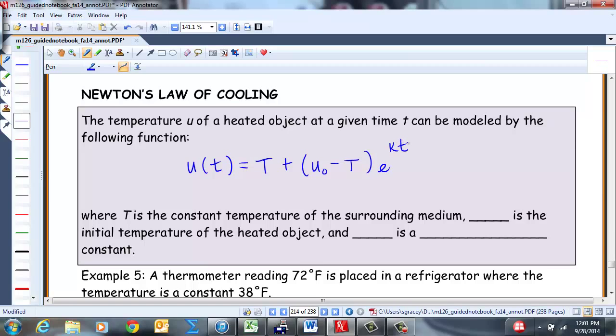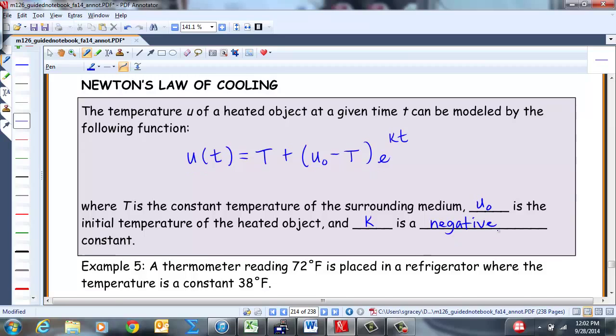Okay, so let's identify these things. T is the constant temperature of the surrounding medium. U0 is the initial temperature of the heated object. And K is a negative constant, because if it's cooling, it'll be decreasing.